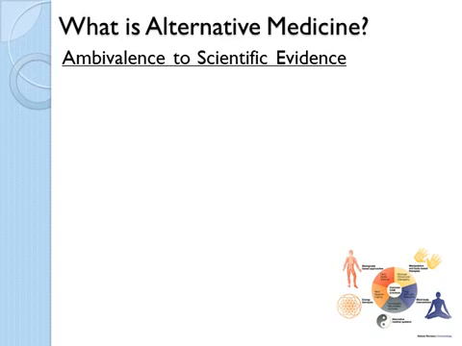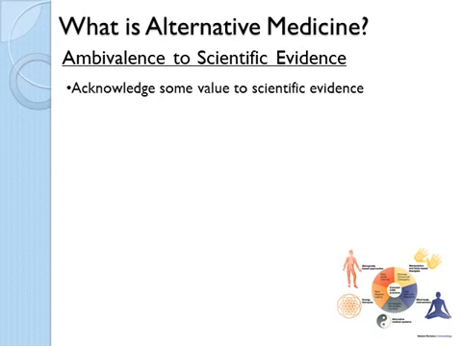There is, as I mentioned before, also quite a bit of ambivalence about scientific evidence. There are both individuals and organizations that embrace a scientific approach to unconventional therapies within the CAM community, and also many who argue that science is either fundamentally incompatible and irrelevant to alternative practices, or at least not yet developed to the point where it can say anything definitive about whether these things are safe and effective or not.